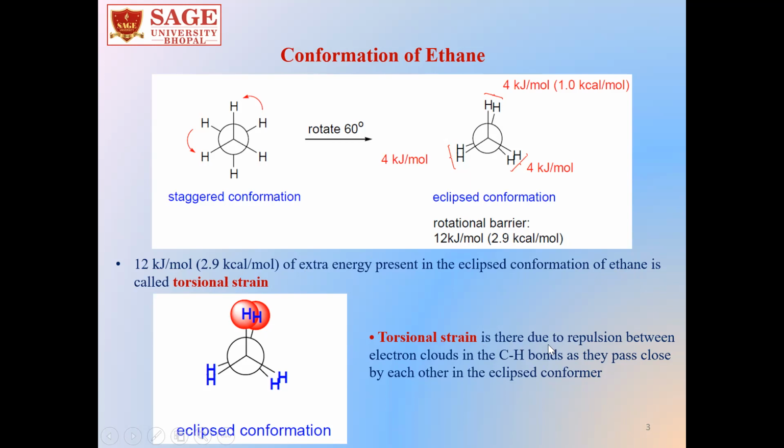Torsional strain is there due to repulsion between the electron clouds in these CH bonds as they pass close by each other in the eclipsed conformer. So for one hydrogen the rotational barrier is 4 kilojoule, for 3 it is 12 kilojoule per mole. That is the torsional strain, and that is why compared to the staggered conformation, the eclipsed conformation is less stable.